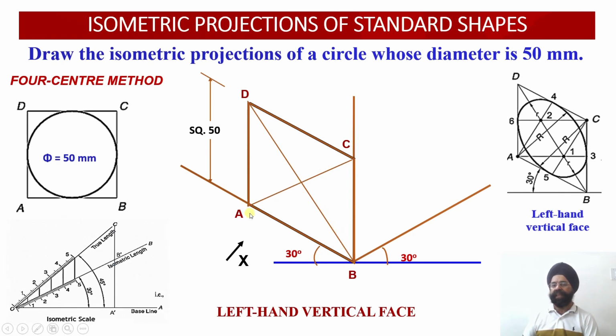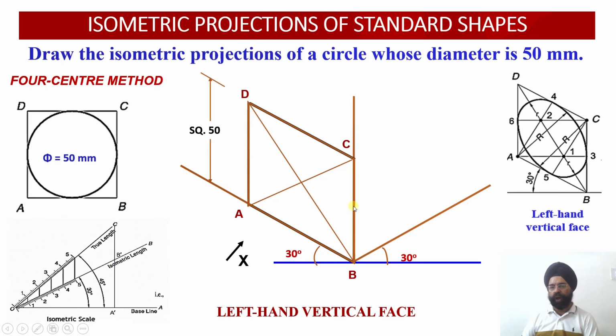Now this method is called the 4 center method. In this 4 center method, please see, this is the main focus to begin with. What we are going to do is find the midpoints of all the 4 edges of the square.